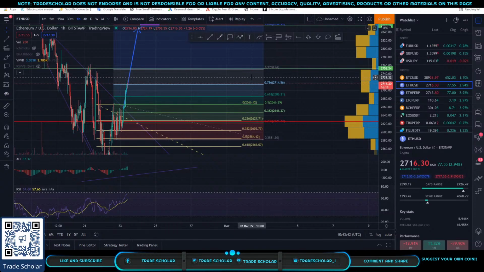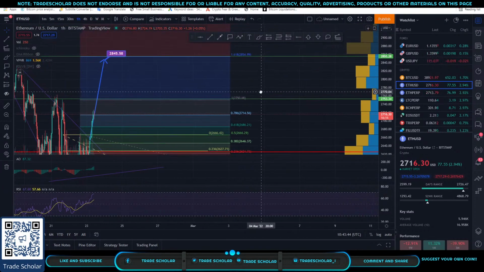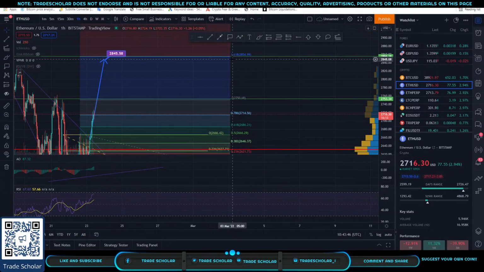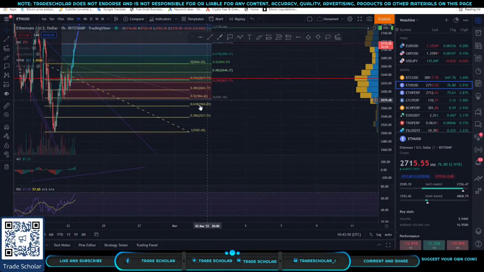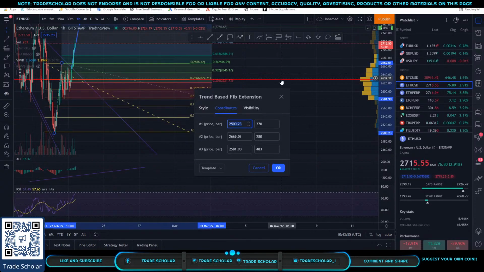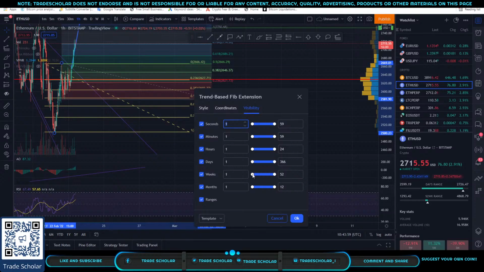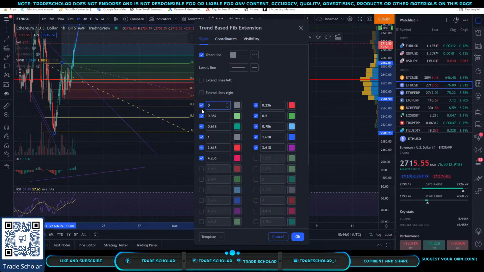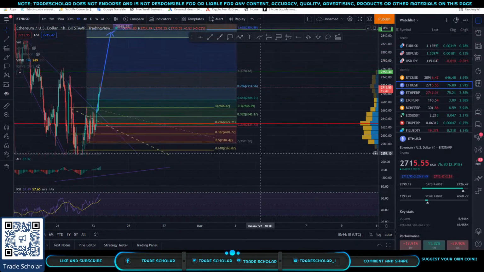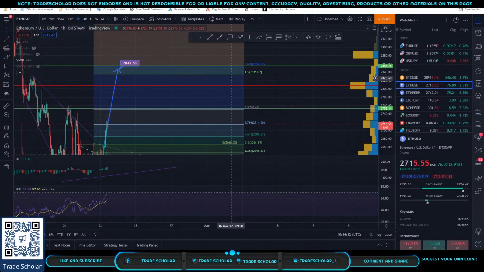The next take profit is 1.750. The next is the golden ratio. If I edit this one, I'm going to add the 1.5. Here, the 1.5.